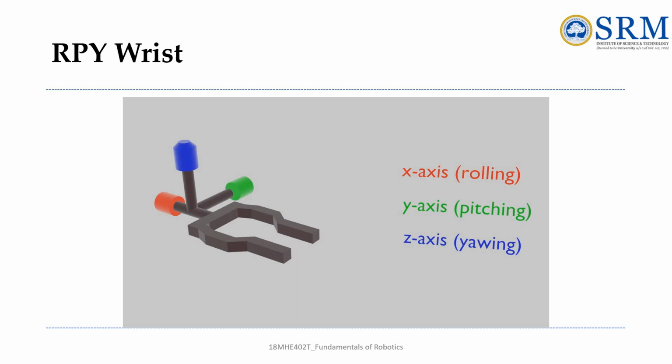To calculate the forward kinematics of an RPY wrist, we need to determine the transformation matrix which relates the end effector frame to the base frame based on the given RPY angles. Okay, so first we will see this RPY wrist moment.